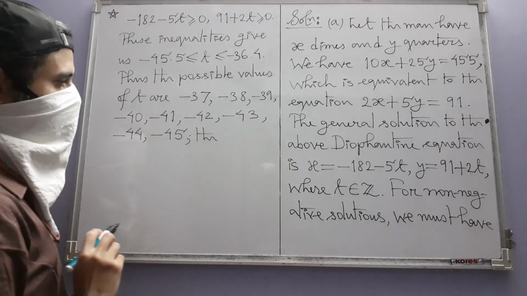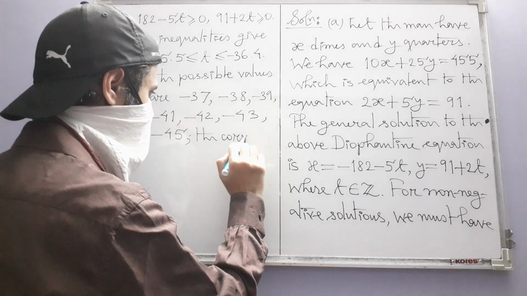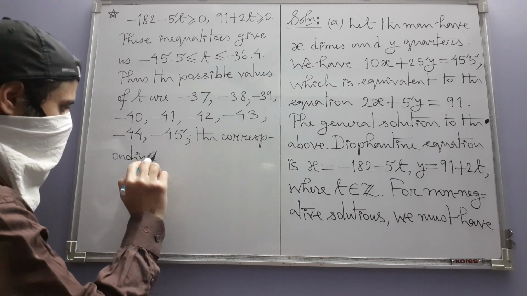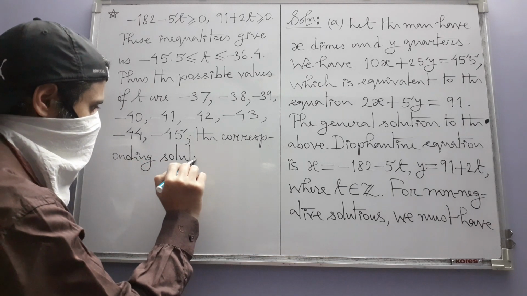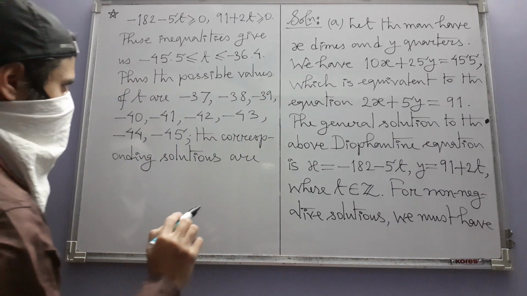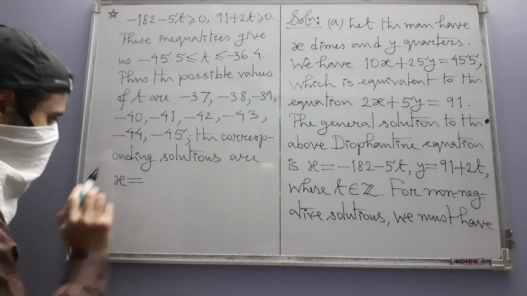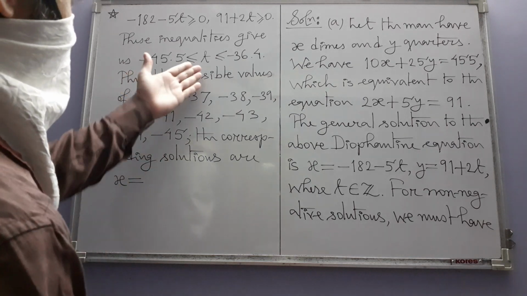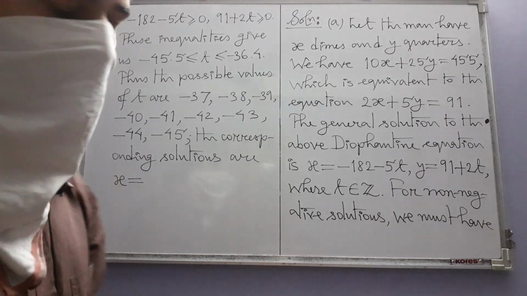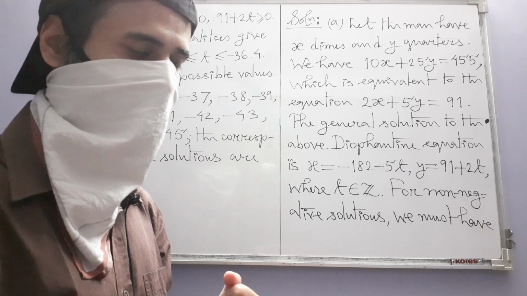and corresponding to these values we have these solutions. The corresponding solutions are these. So you just have to put these t values here and here and find the x and y values. So any such pair of x and y values gives you a solution.